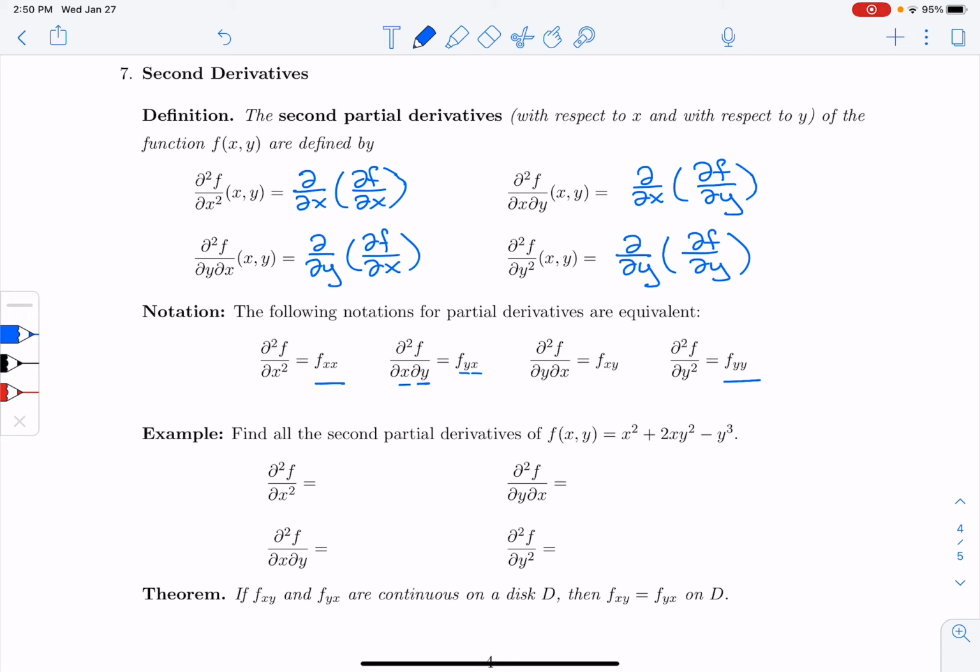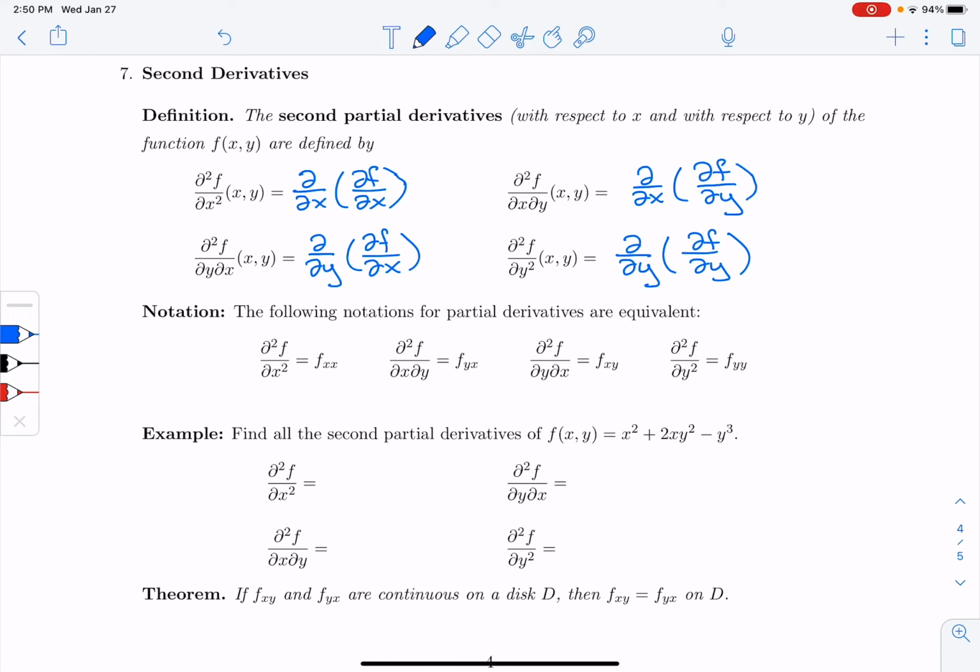That says first take the derivative with respect to y and then x. Or if we want to take the derivative with respect to x and then y, we write f sub xy. And those are different ways that I can notate the four second partial derivatives.